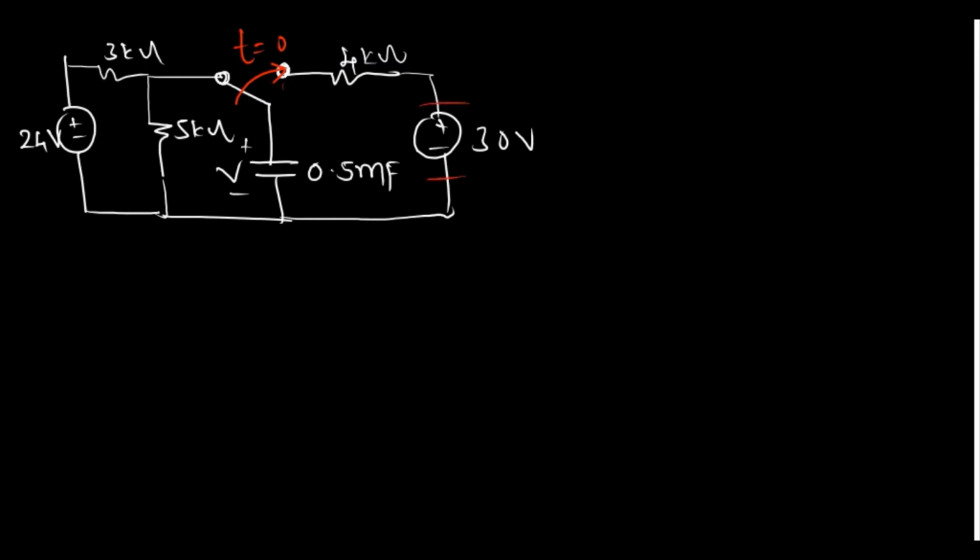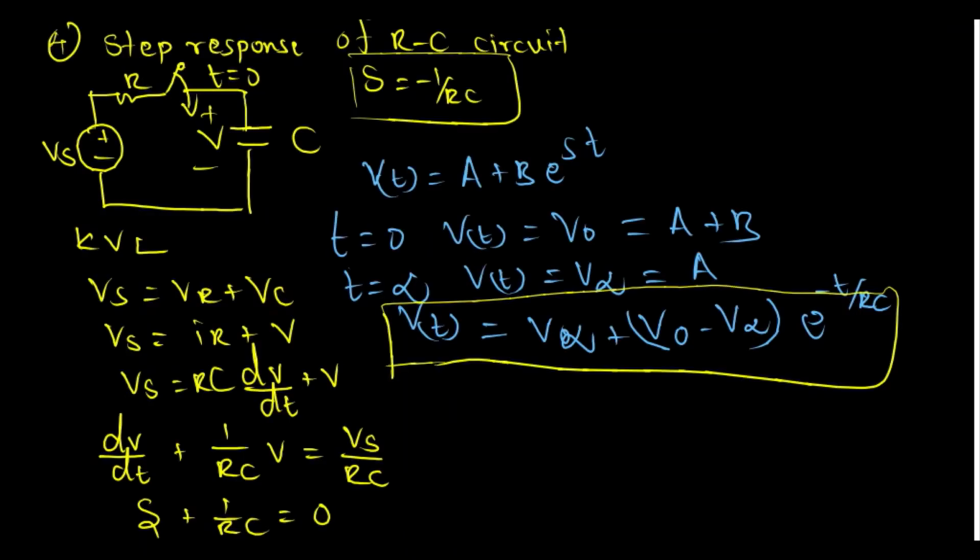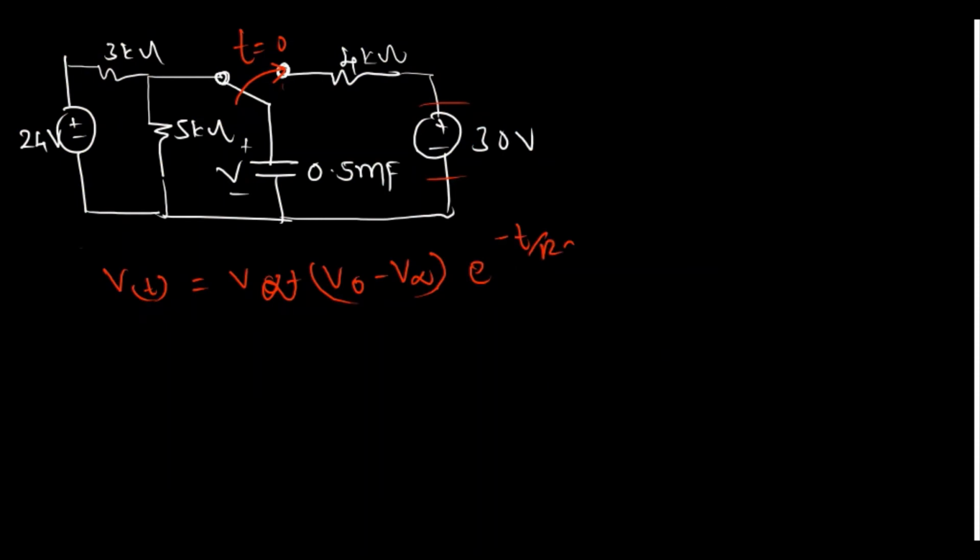For the step response, the answer is V(t) is equal to V infinity plus (V naught minus V infinity) e to the power minus t over RC. So we need to find V infinity, V naught, R and C.